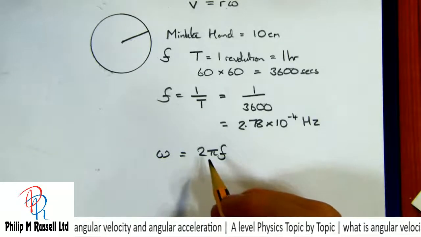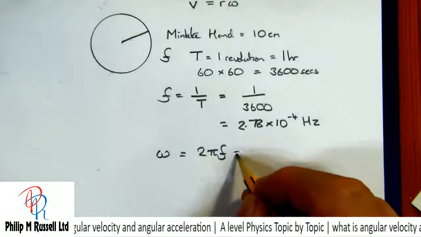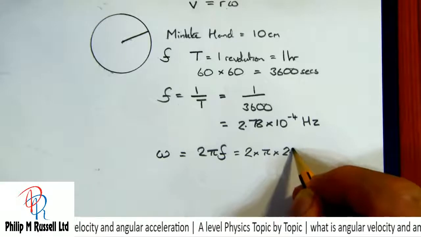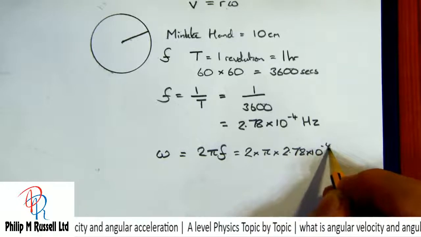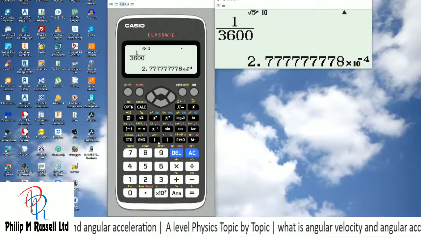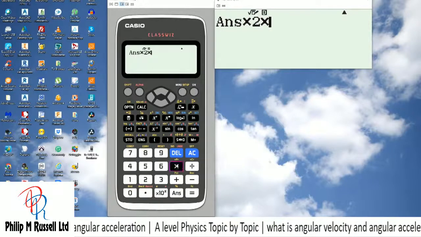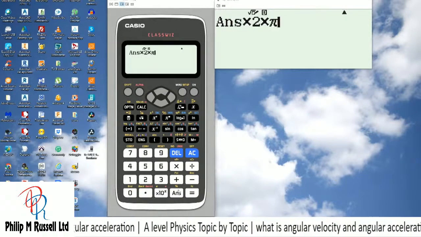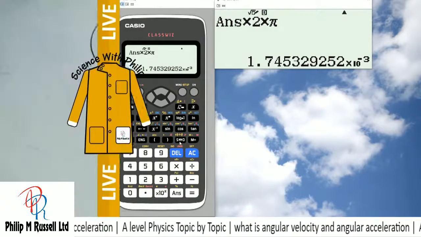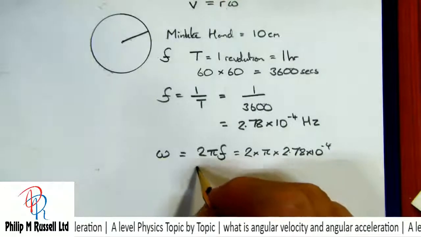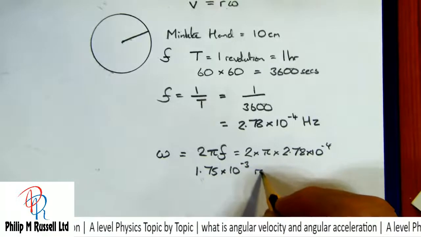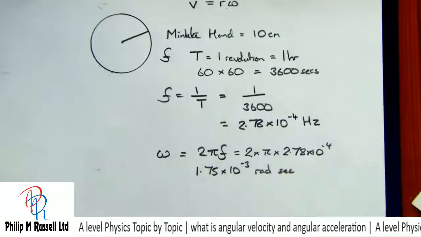So we're going to have 2 pi times 2.78 times 10 to the minus 4, and since I've got that number there, we can simply multiply this by 2 and pi, giving me an answer of about 1.75 times 10 to the minus 3 radians per second.